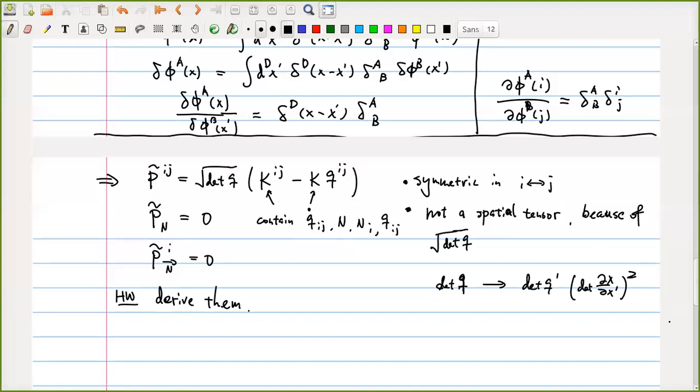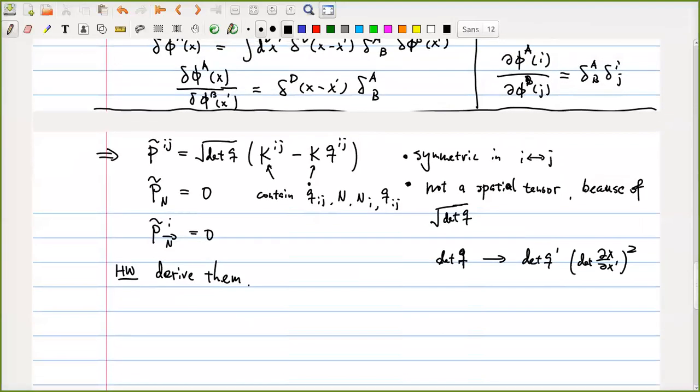In the transformation of a tensor, it doesn't have this kind of factor, this determinant of Jacobian. It doesn't get involved in the coordinate transformation of tensors. So therefore, the coordinate transformation of this quantity does not coincide with the transformation rule of a tensor. Therefore, it is not a tensor.